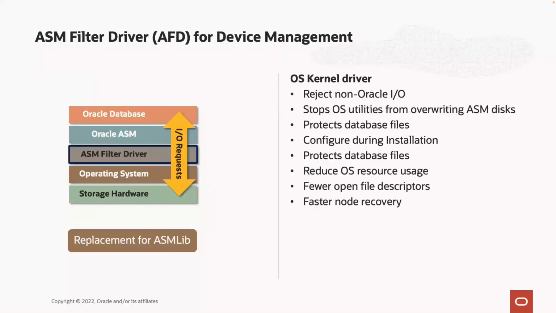Well, using ASM filter driver, we are able to prevent or reject IO from non-Oracle entities. This helps because you would prevent any downtime related to inadvertently overwriting some of the headers.